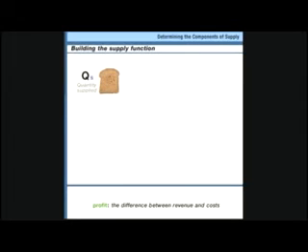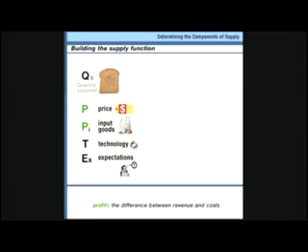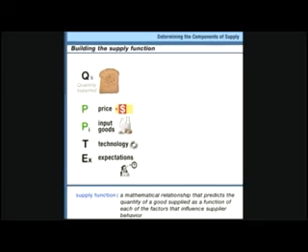A supply function shows the amount of bread that a firm is willing and able to supply profitably as a function of all of the variables that influence its decision: the price of bread, the price of milk and eggs, the technology of production, and the expectation of future prices. So let me take my icons off the pad, and I'll turn these symbols into a function.